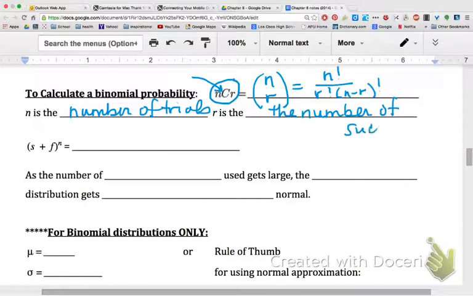Remember, we use that word success loosely. So, for example, here I've written S for success and F for failures.